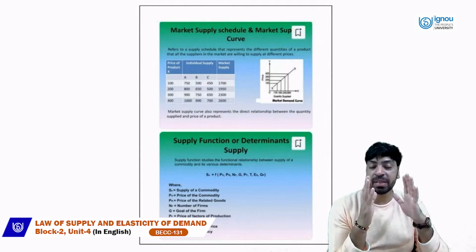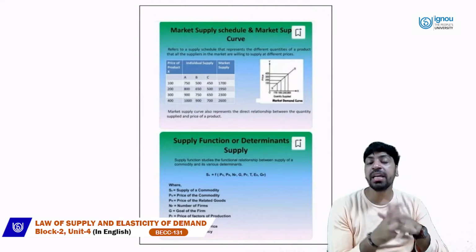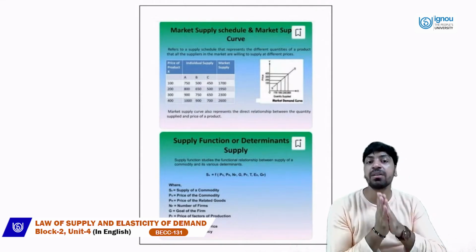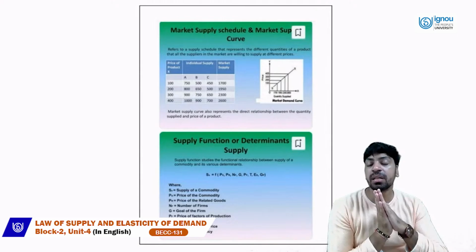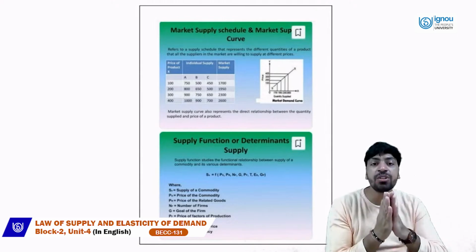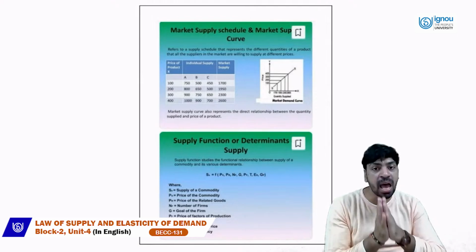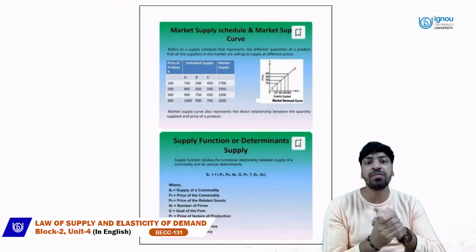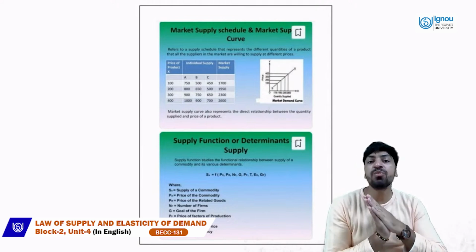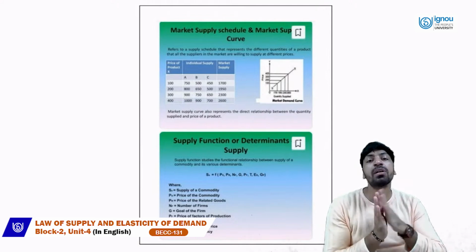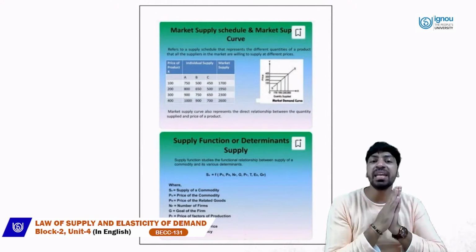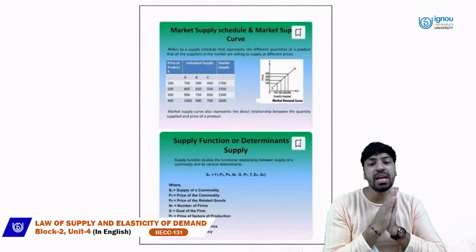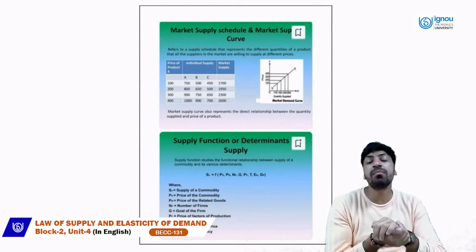In a particular diagram, you could see the individual supply of different suppliers, that is A, B, C. When you combine the individual quantities supplied, that becomes the market supply. So if you add the individual quantities of A, B, and C, a new concept is derived, that is called the market supply.